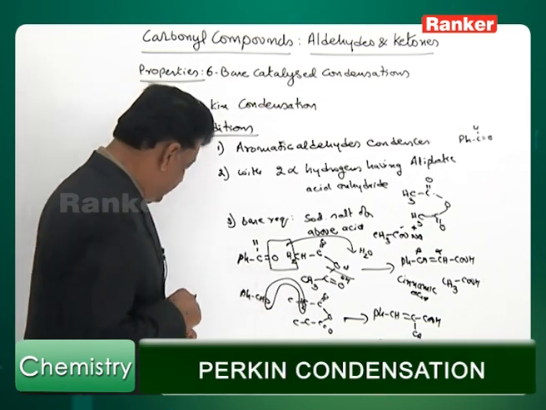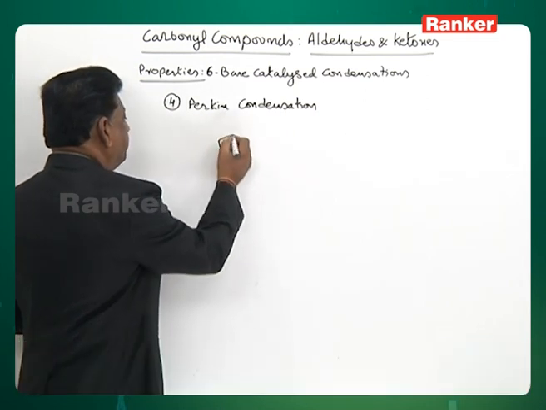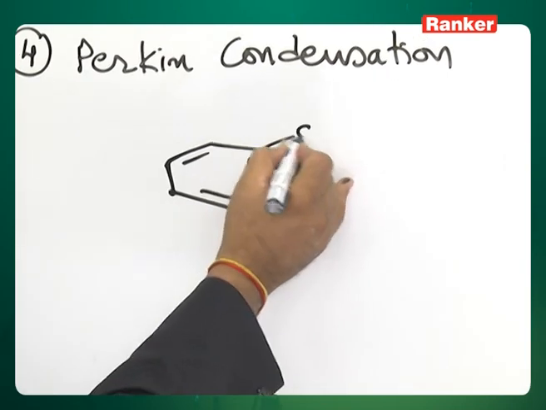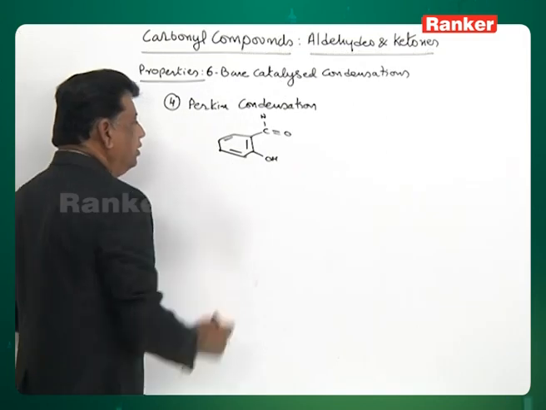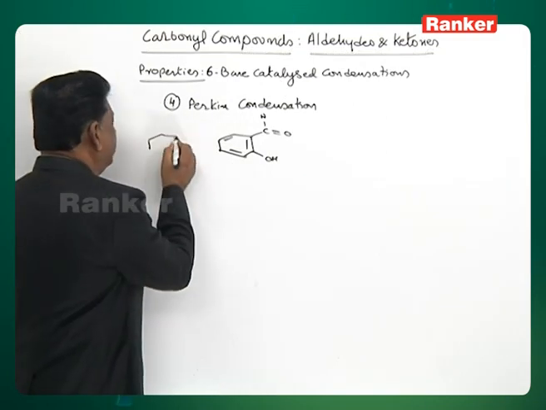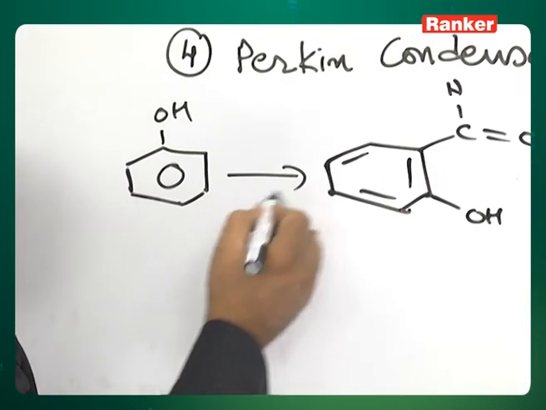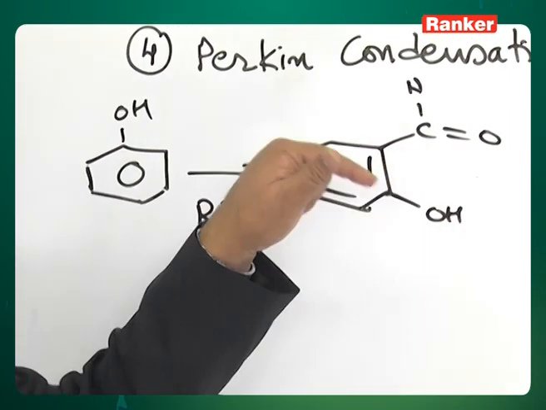We have one example, I will tell you. Now, let us take a benzaldehyde containing an OH group here. Do you remember how you prepare this one? We have one beautiful method. From phenol you can create this one, using the Reimer-Tiemann reaction, the phenol with formylation at ortho.